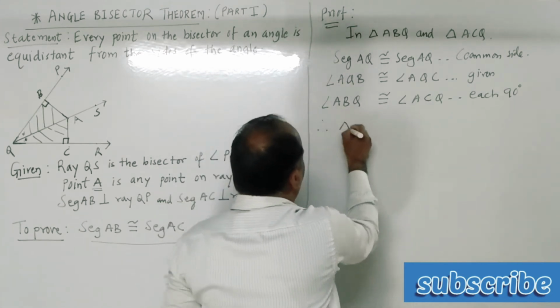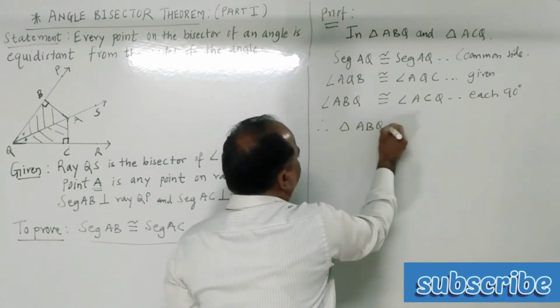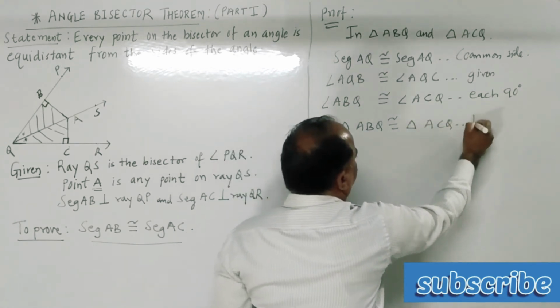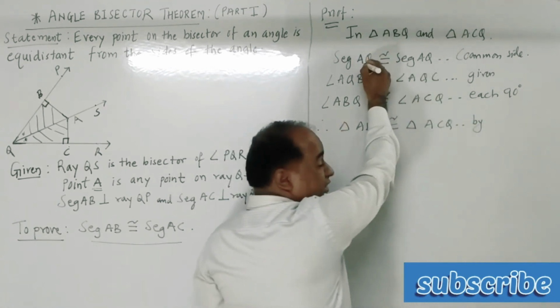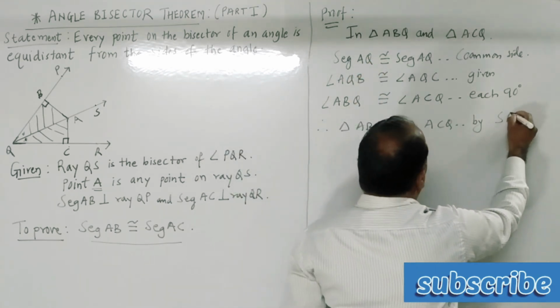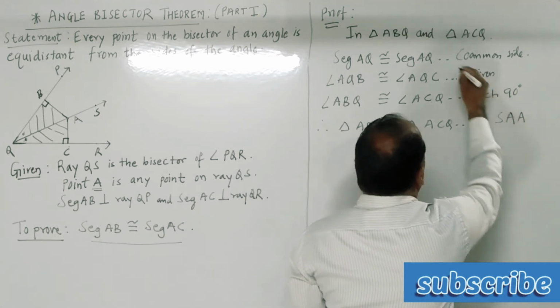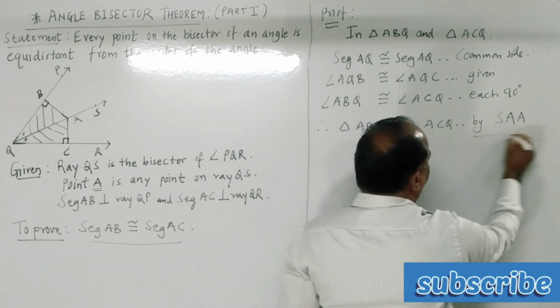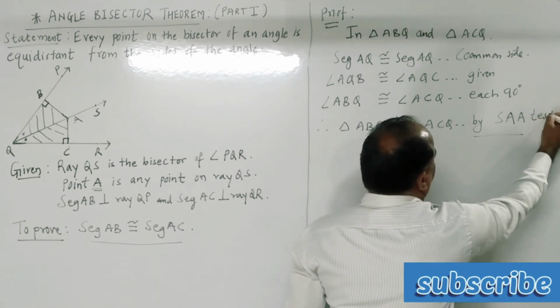Therefore, triangle ABQ is congruent to triangle ACQ by the side angle angle test. One side and two angles. By the test of congruence, they are congruent.